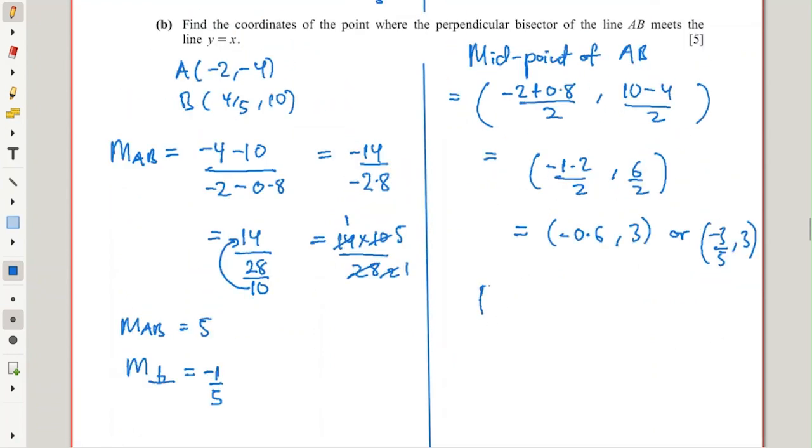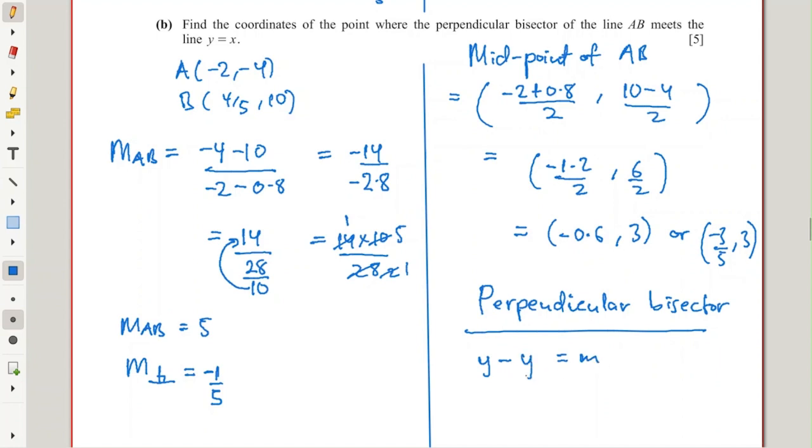Now the equation of the perpendicular bisector. So now your y coordinate of the midpoint is 3. Your gradient is negative 1 over 5.